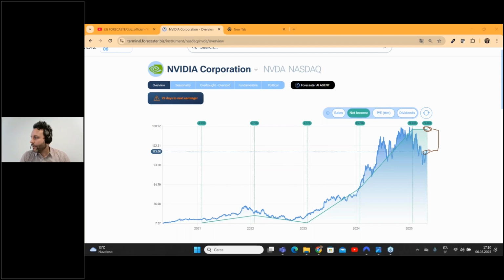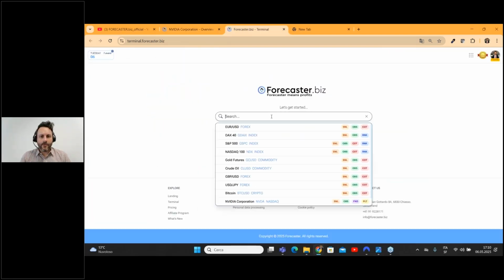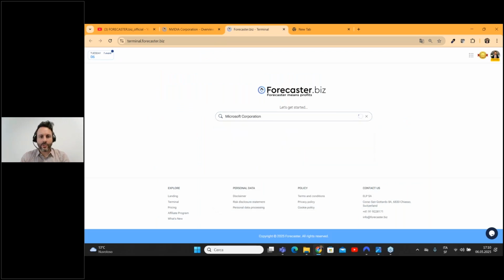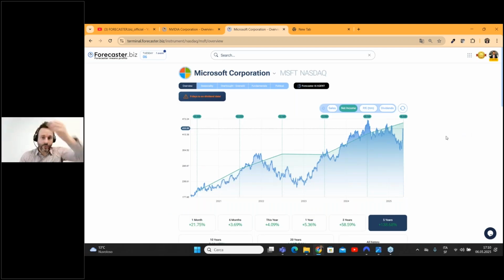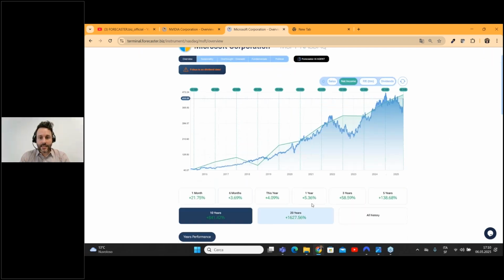And for example, let's do a very nice example on another stock. Let's go, for example, to Microsoft. If we go to Microsoft, which is at the moment the biggest stock on the S&P 500, as you can see, in the long run prices tend to stay on the net income line.